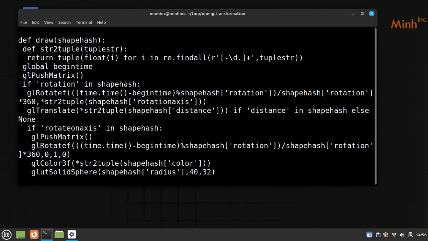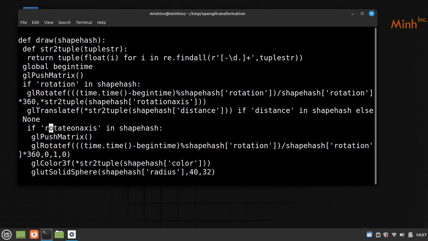Now we rotate first and then we translate as per the local axis fundamental that we have described. So translate is distance, if distance in shape hash, otherwise nothing.